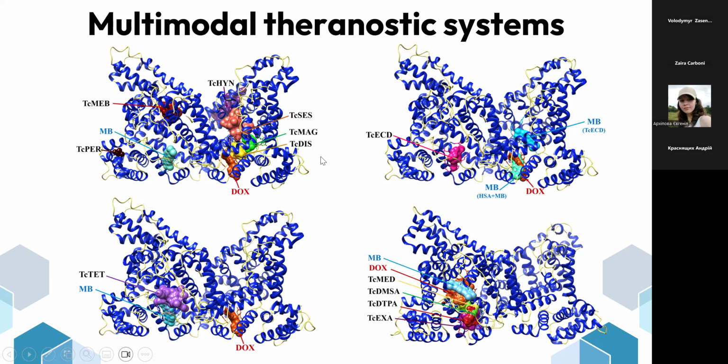Here are the best docked structures of the complexes, and the comparative analysis of the docking results obtained for such quaternary systems revealed that the best affinity was for the dye called indocyanine green, and this allows optimizing the structure of dual modality imaging systems.